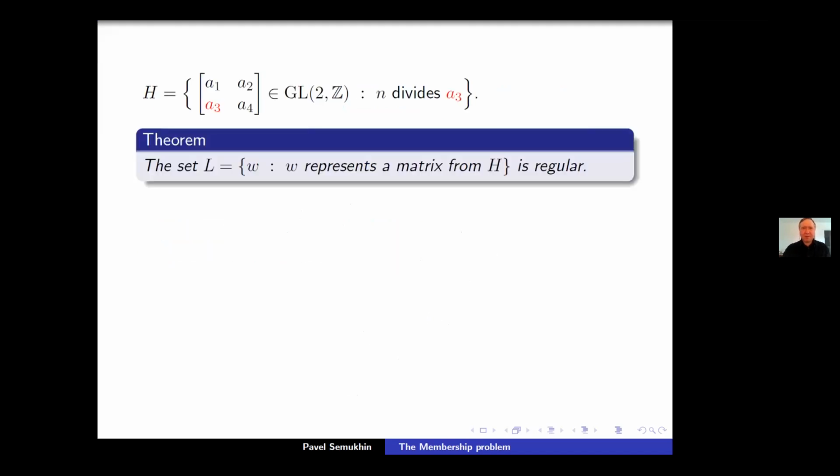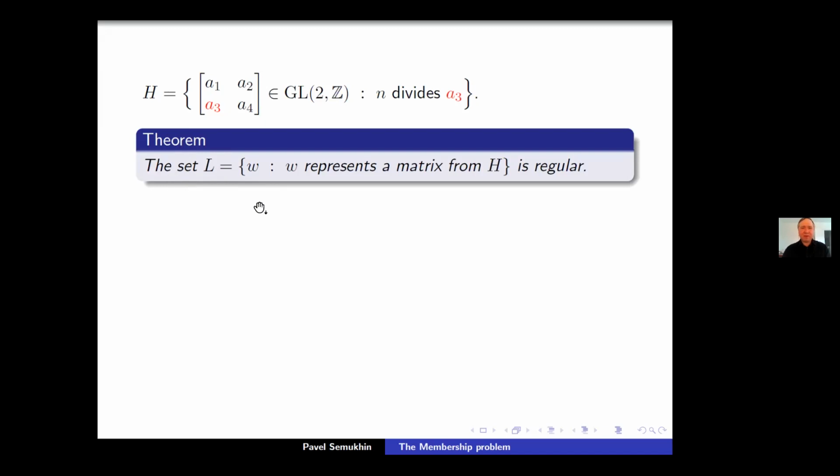And so every semigroup is a regular subset of GL2Z. And for our proof, we will also need the following theorem, which states that the group H, which we defined previously, which consists of the matrices from GL2Z where N divides this entry here, A3, is also a regular set.